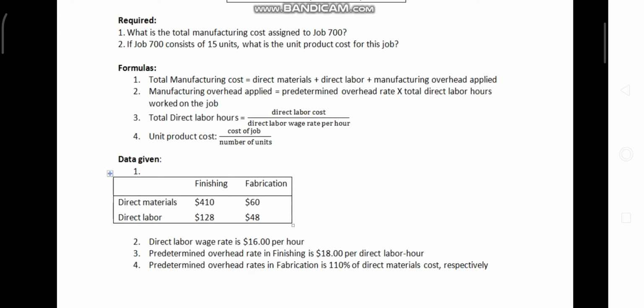Which is direct materials plus direct labor plus manufacturing overhead applied. We have calculated this for finishing and fabrication both departments. So now let's calculate the total manufacturing cost for job 700.